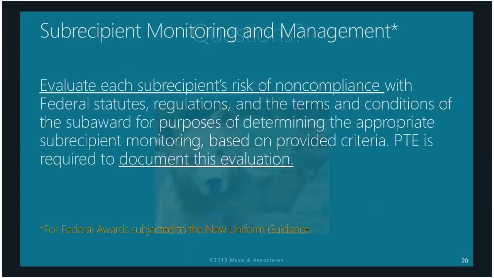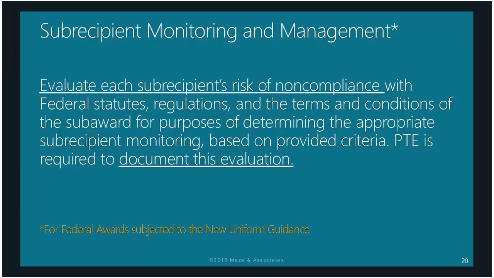Okay, thank you, Mark. So I keep mentioning the big change for the subrecipient monitoring and management. Just to keep in mind, and if you see an asterisk here on slide 20, that the changes are for federal awards subject to the new uniform guidance.